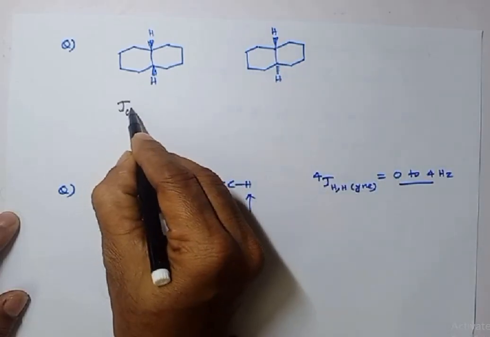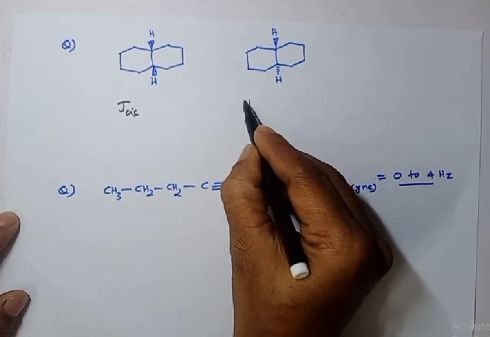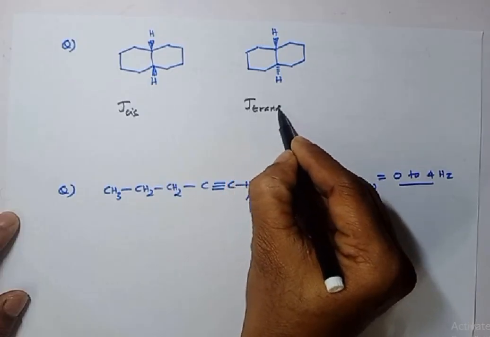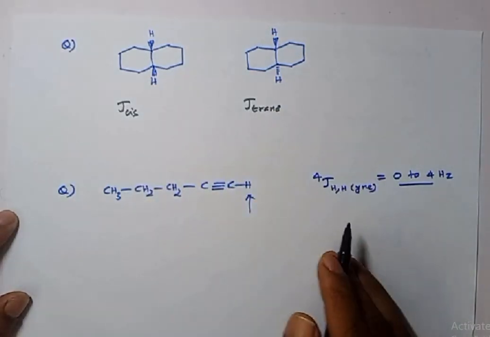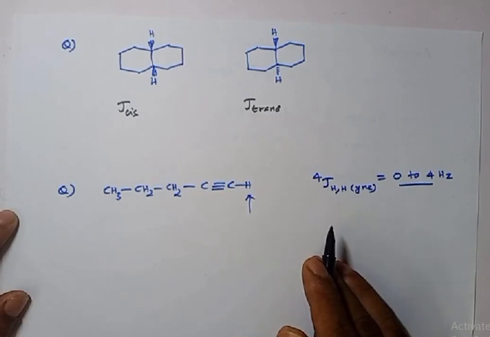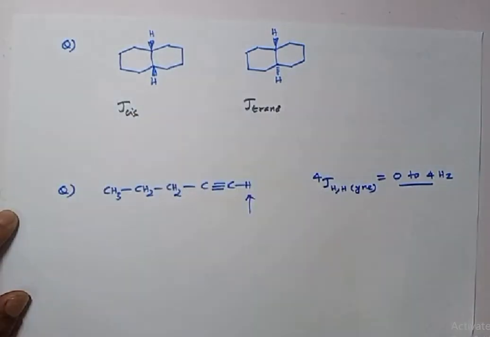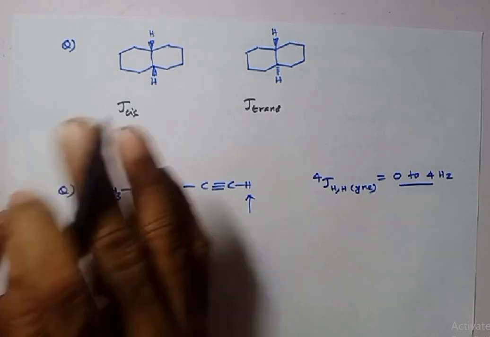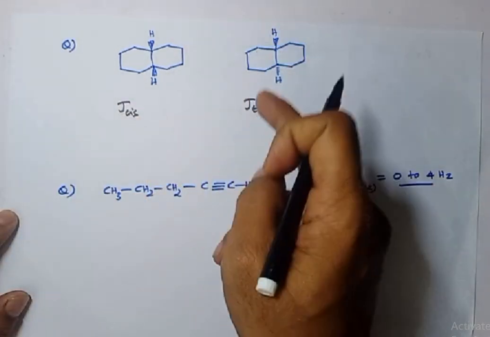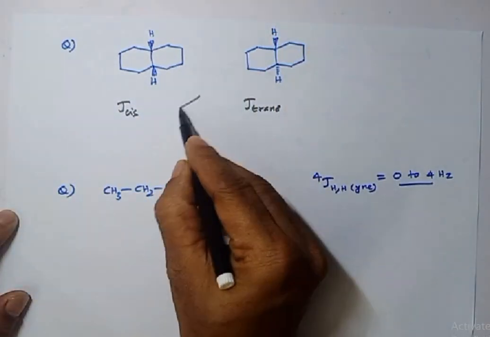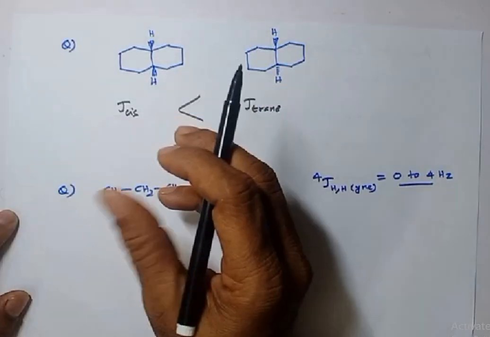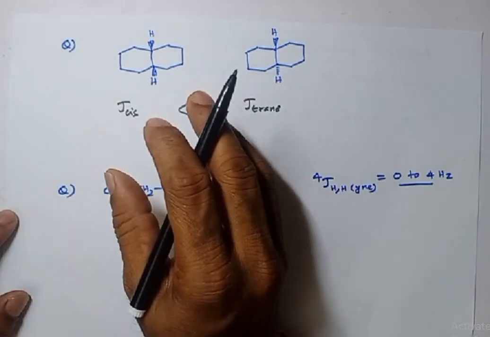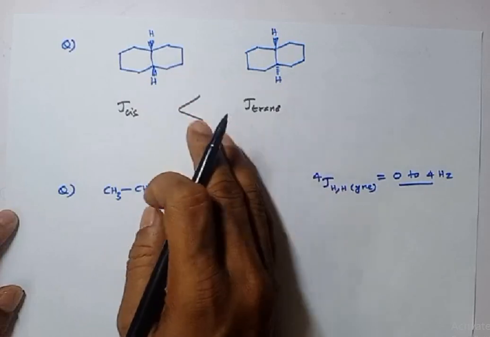Coupling constant for cis-decalin, coupling constant for trans-decalin. Which one is larger? Always trans. Remember, always trans is higher. Trans hydrogen coupling constant is larger. That's all. I'm not asking the value, I'm just asking which one has the higher value.